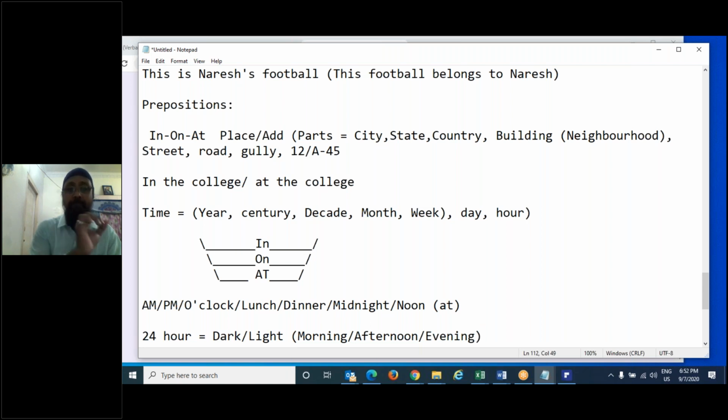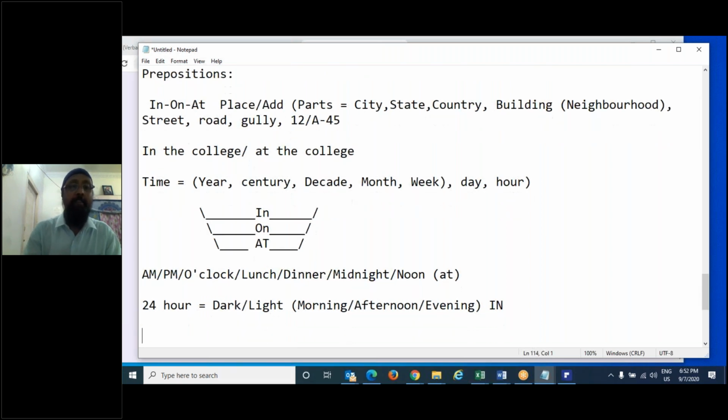So we use in the morning, in the afternoon, in the evening. However, dark has only one phase, which is night. If we are using night solely, then it will accept at night. However, if we are defining what time in the night, then it accepts in as well.